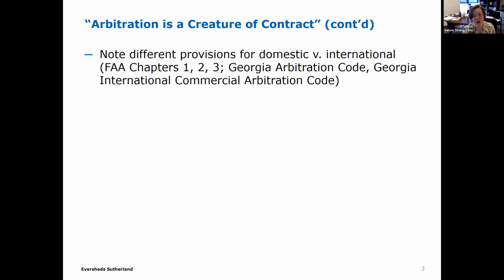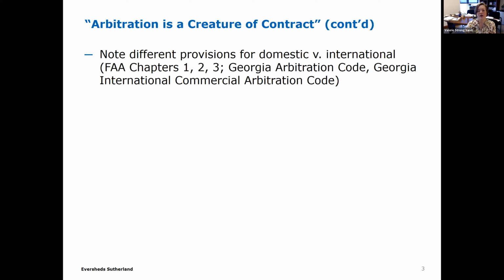This is a good segue into this slide about the provisions for domestic or international arbitration. Arbitration is, as I said, a creature of contract, but there are statutes around how those contracts will be implemented and enforced. This is not really outside my topic, but I just don't have time to cover it all.